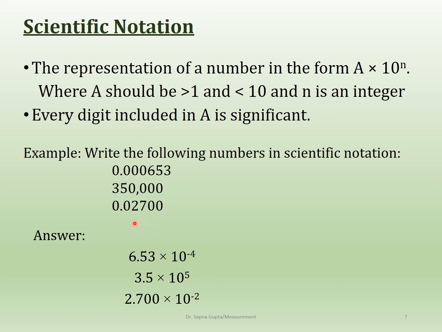And so then we have 2.700. Then we just have to move the decimal place and see what number we need on the top for the n number. So 1, 2. Since we move to the right, it's going to be negative 2. So when you move the decimal place to the right, it's going to be negative. If you move to the left, it's going to be a positive number.